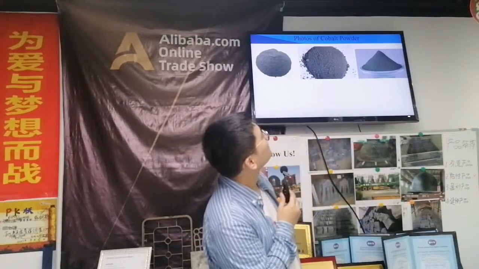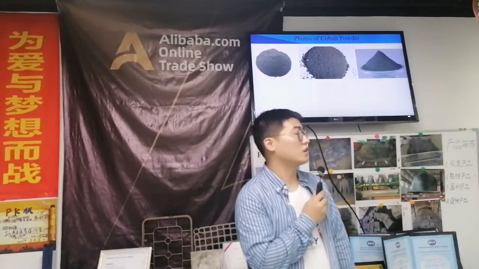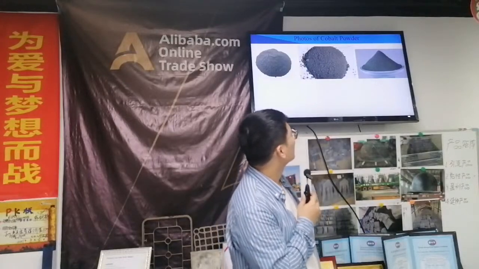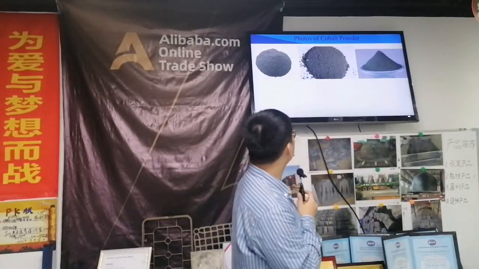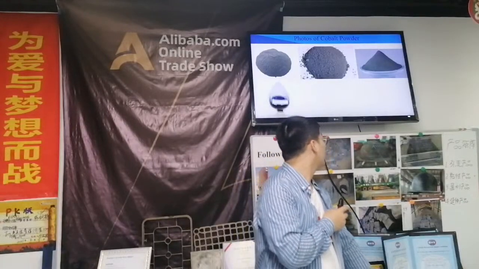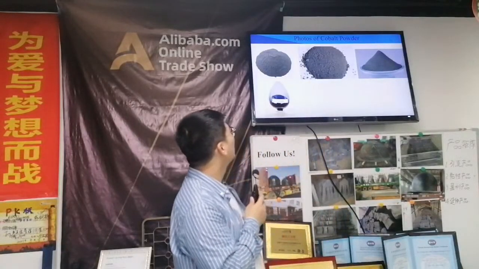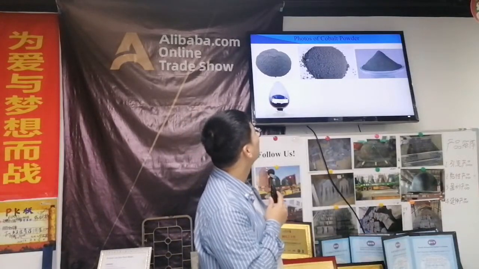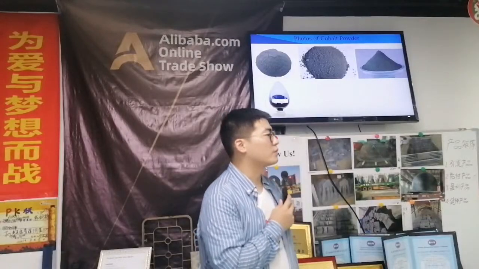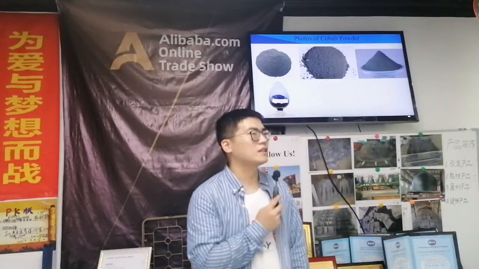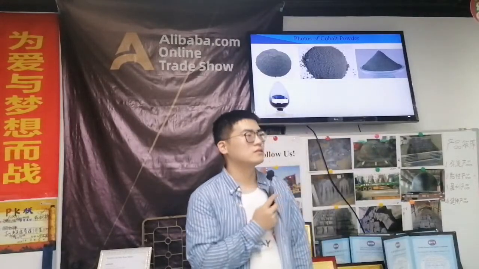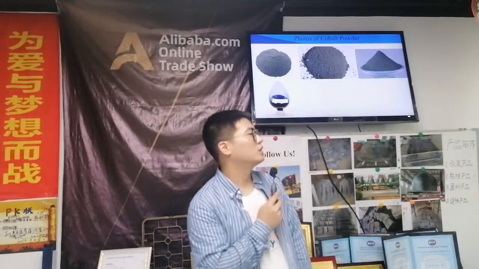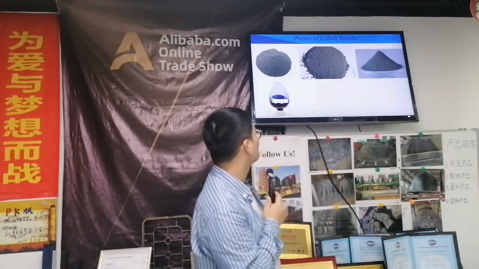And the third is the sample we usually give you to see. It's about 100 mesh. And if you want a smaller size of the cobalt powders, we can provide sizes between 1 mm to 50 mm.